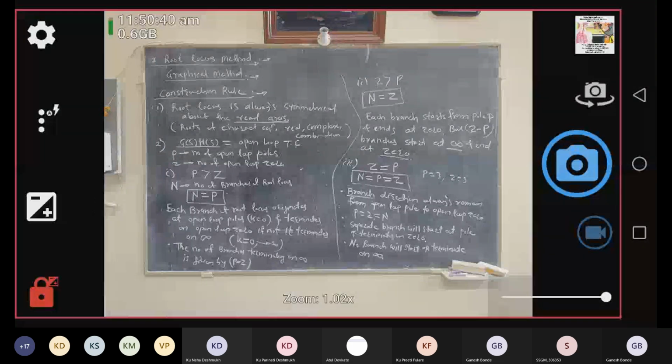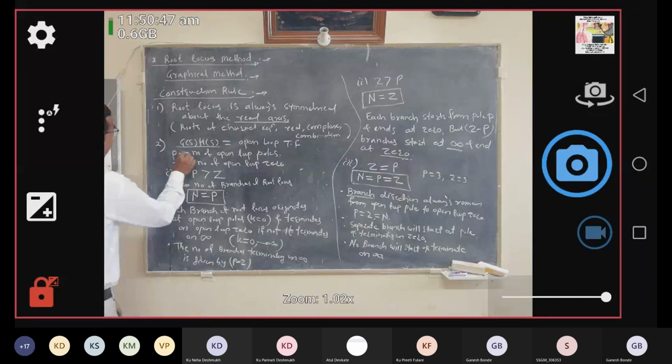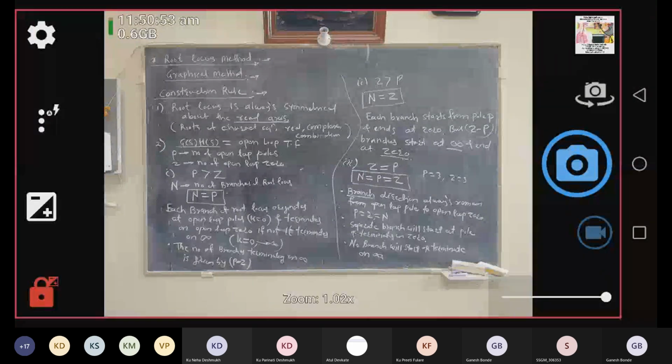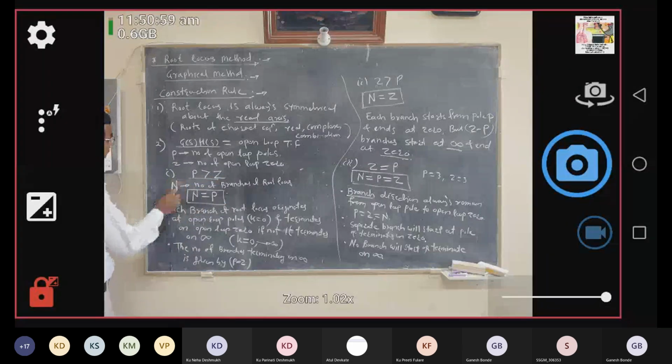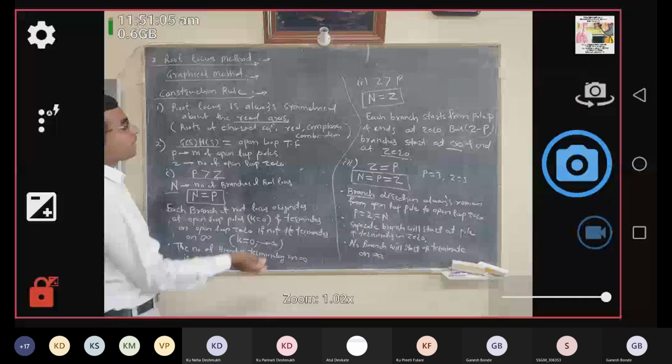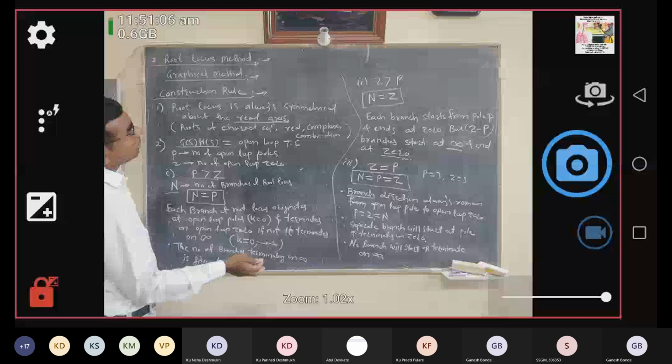If you have any doubt, please ask. Whenever we take an example, it will be clear to you again. Always remember that when we get the information about P and Z, we determine the expression for capital N. And once you get N, you know how branches will be terminating on infinity or on 0.